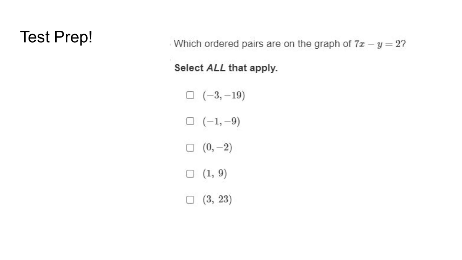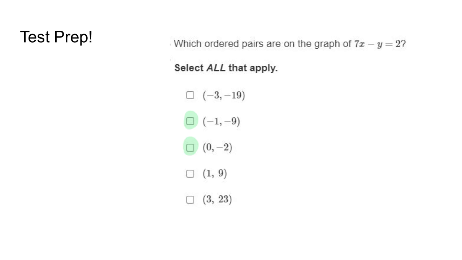All right, so we're back. You should have, for this one, gotten B and C. Those are the only 2 points that fall on the line. If you didn't get that, go back and check it. Maybe you mistyped something in, but B and C are the only ones that would have worked there.